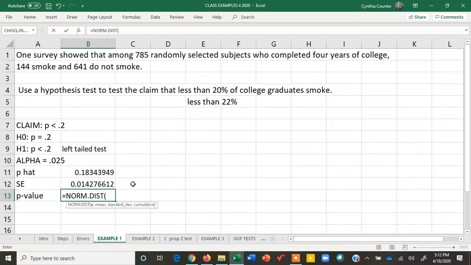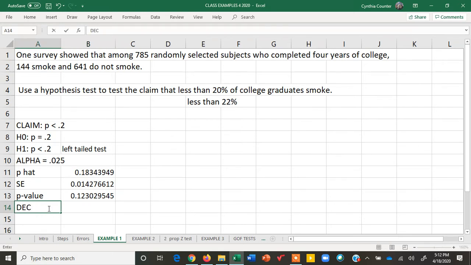So we use norm.dist, where x is your sample statistic, comma, the mean is the value from the null hypothesis, 0.2, comma, the standard deviation is the standard error, comma, and cumulative is always true. And we get a 0.123, which is obviously bigger than 0.025.